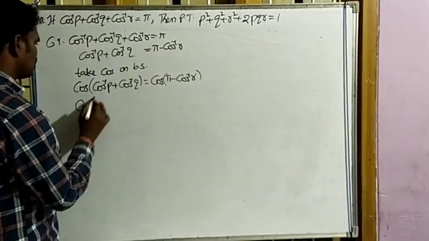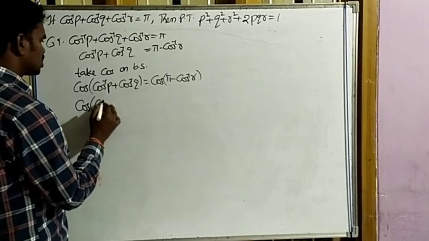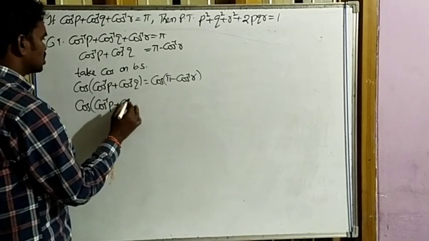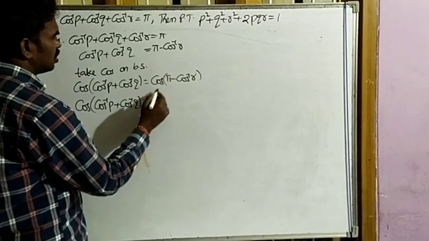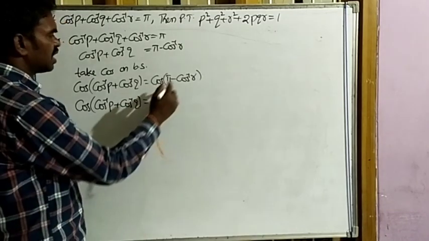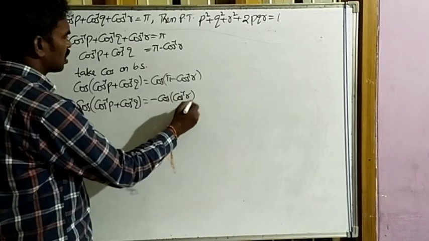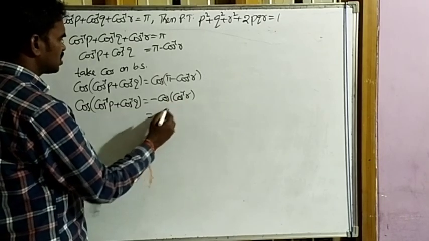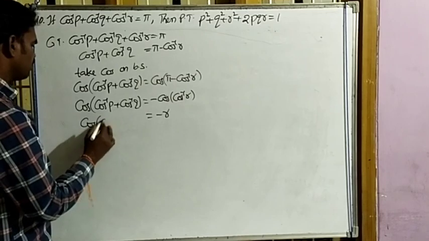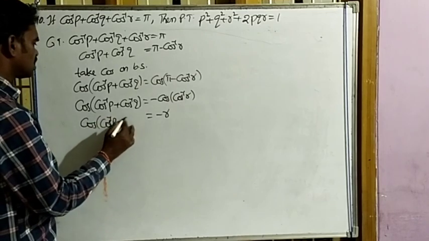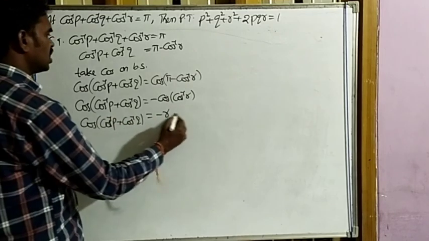Otherwise, one more step: cos of cos inverse p plus cos inverse q is equal to cos of 180 minus theta, which is minus cos theta. So minus cos of cos inverse r. Cos inverse cancels, minus r we are getting. Cos of cos inverse p plus cos inverse q equals minus r, equation 1.